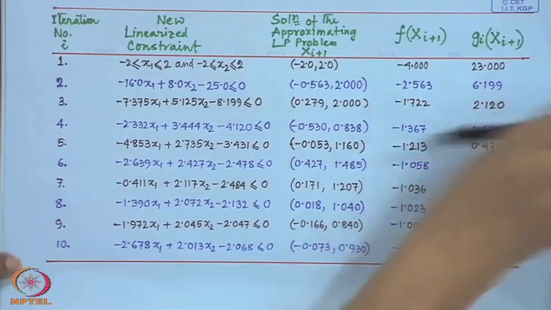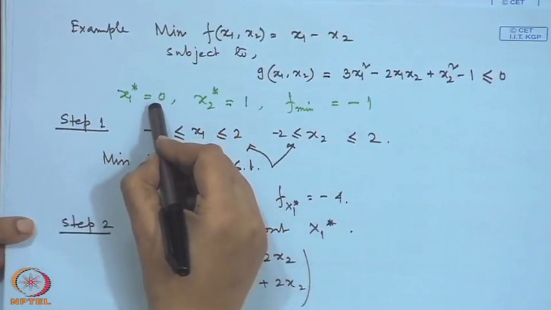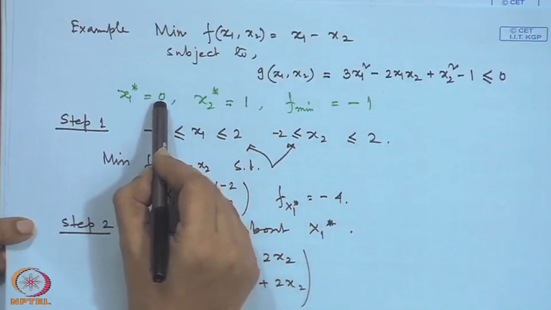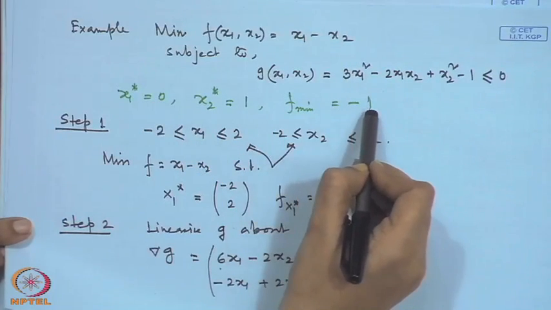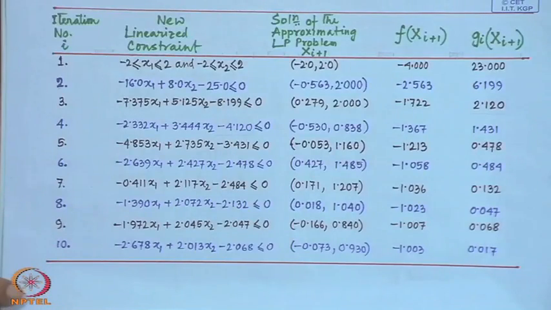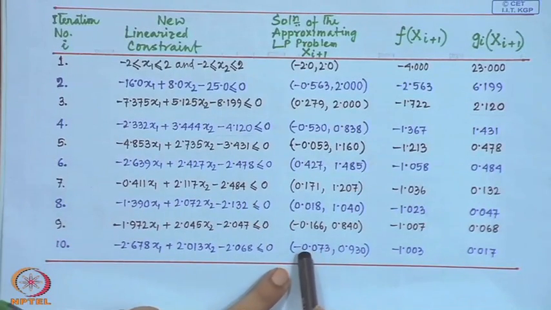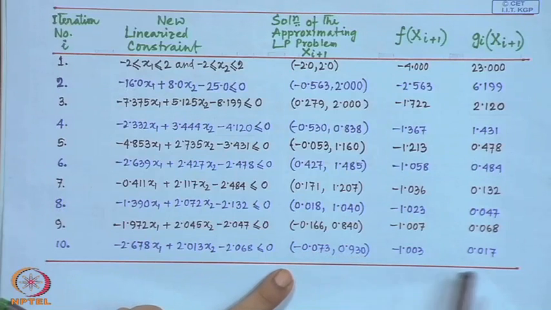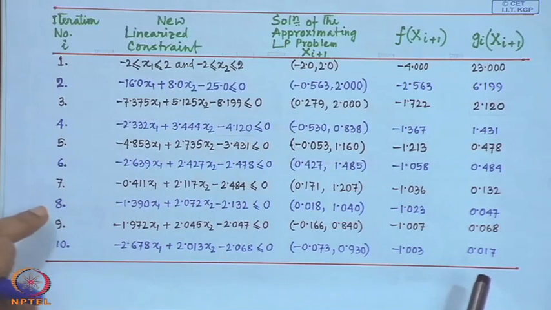And as we see in the original, if we apply the KKT condition, there also the F min value was -1 and the corresponding optimal solution was (0, 1). Here also we are getting the optimal solution as almost (0, 1). That is why this could be taken as the approximate optimal solution of the original nonlinear programming problem.